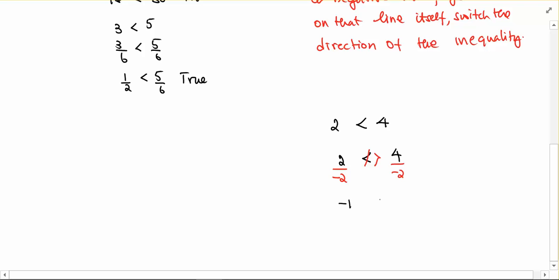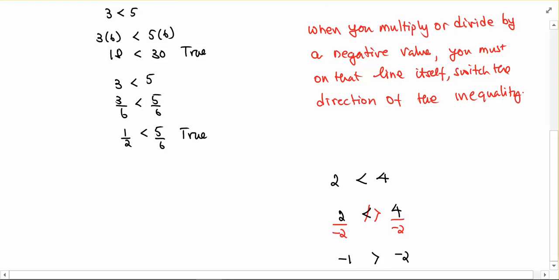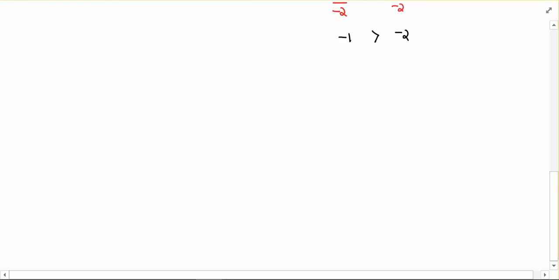So this is -1, -2. So remember that if you multiply or divide by a negative number, you must change the direction of the inequality.